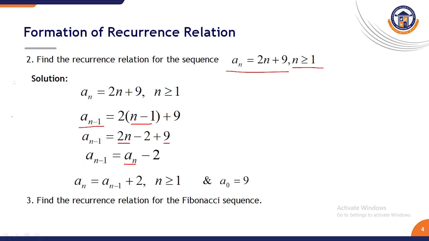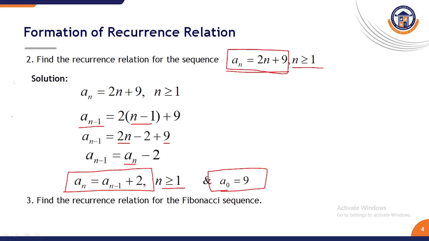Therefore an minus 1 equals an minus 2. Rearranging the terms, an equals an minus 1 plus 2, n greater than or equal to 1. Here the initial condition a0 equal to 9 is obtained from this equation by replacing n equal to 0.